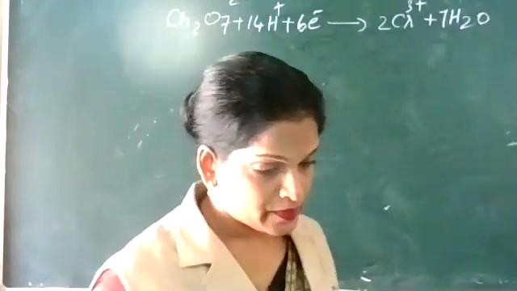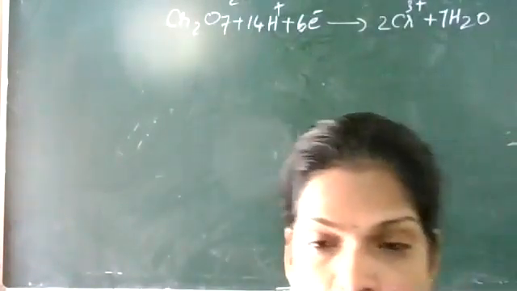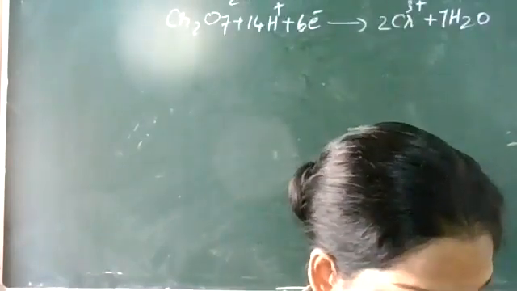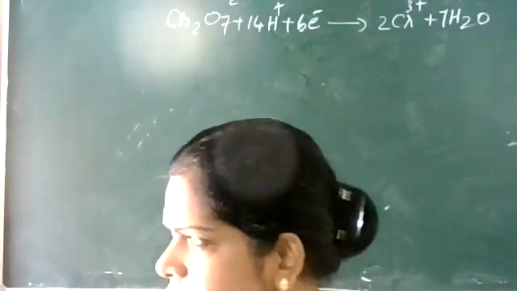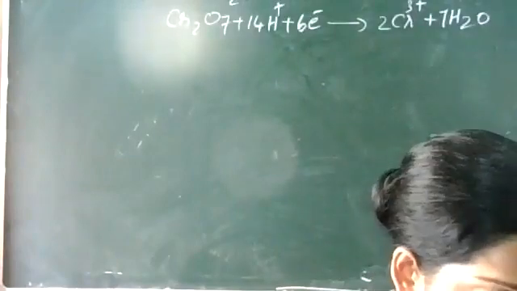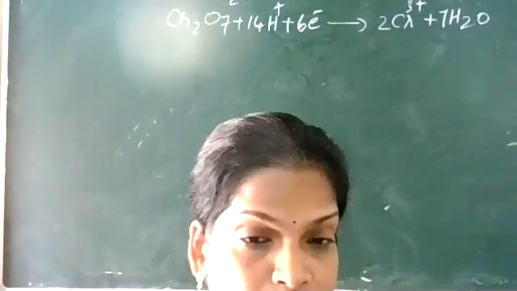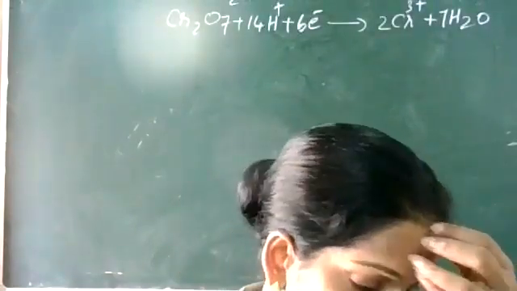Write the question. What is the quantity of electricity in coulombs needed to reduce 1 mole of Cr2O7 2-?